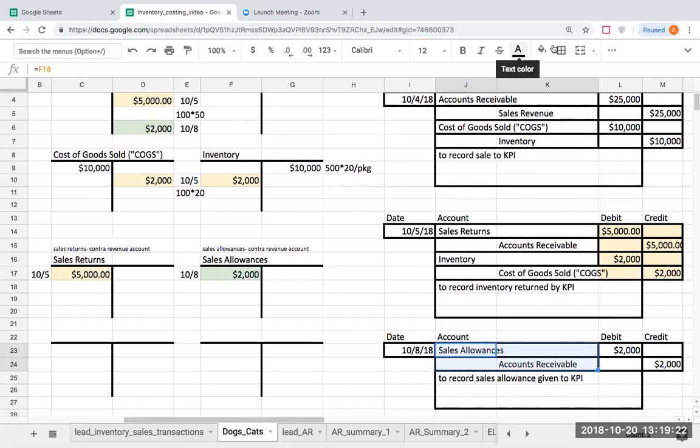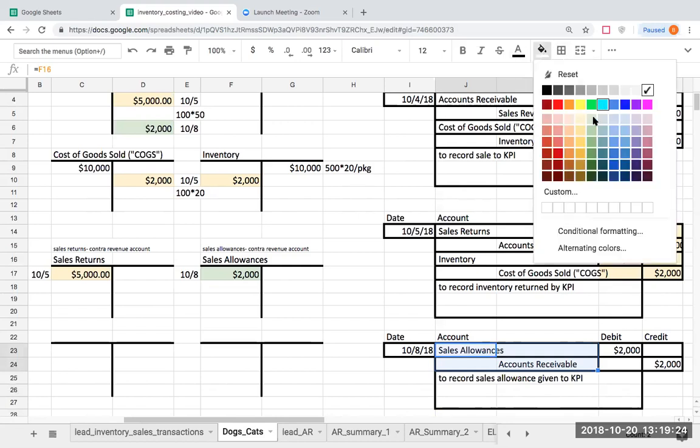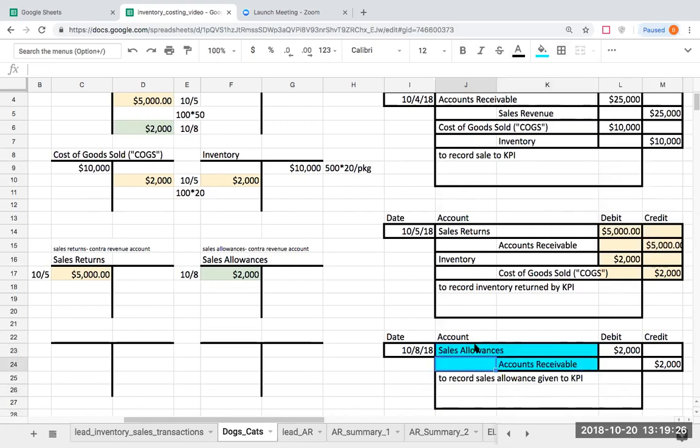So right here, I have a total amount of 2,000. And why I'm highlighting this in blue is because when we're giving a sales allowance, this form of journal entry will never change. It is always going to be a debit to sales allowances and a credit to accounts receivable.